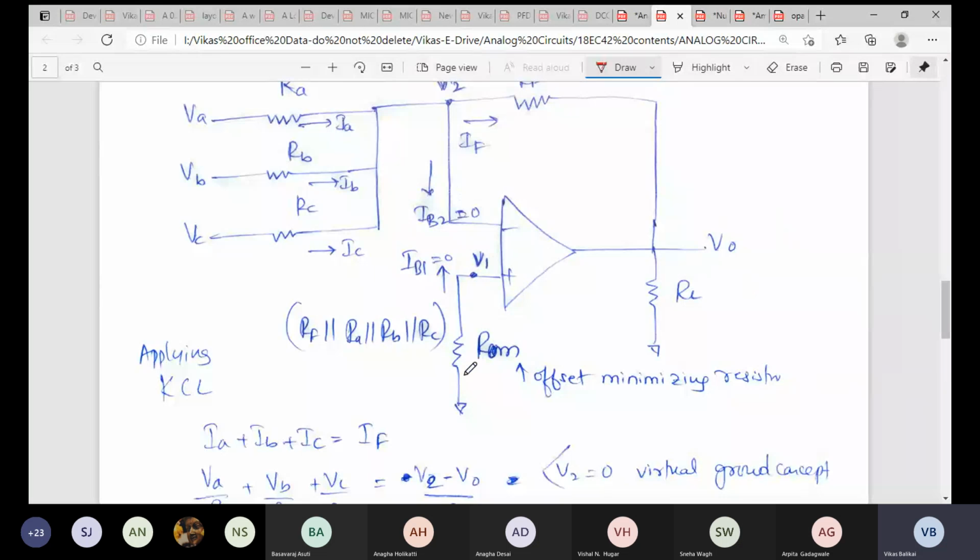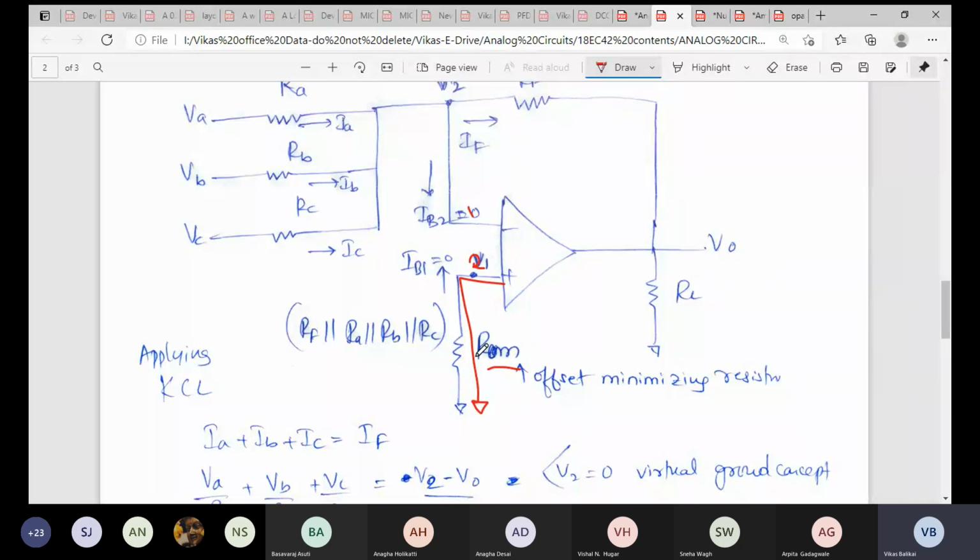If I don't use this ROM, that is the offset minimizing resistor, if I just directly connect it plainly to ground, which we usually do in our lower classes, we directly connect the inverting terminal to ground. When we do that, that is not a practical scenario. Then, if both voltages between this terminal and this terminal are the same, the output voltage won't be nullified. The difference voltage won't come to 0.